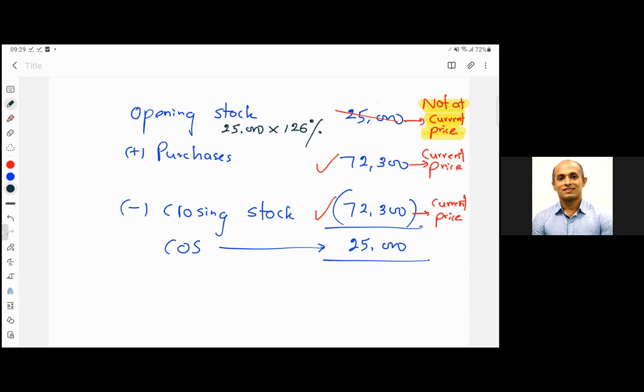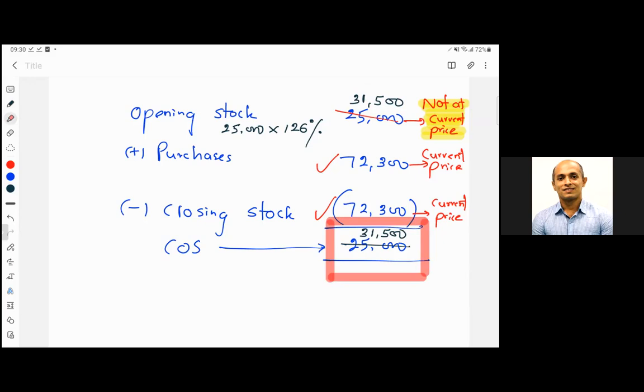$31,500. Then you adjusted cost of sales, 31,500. So adjusted cost of sales, 31,500.